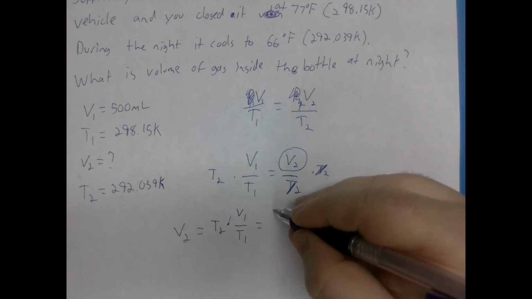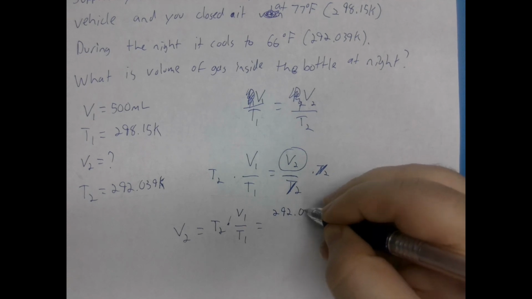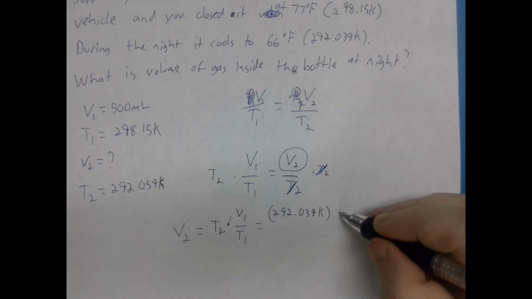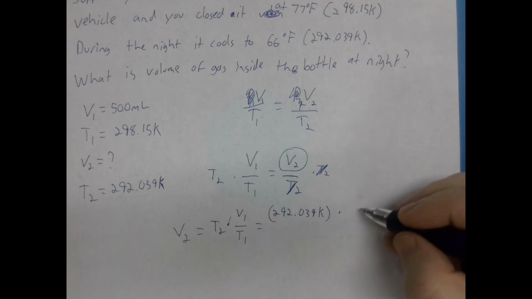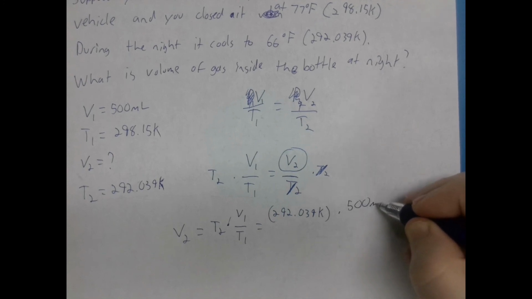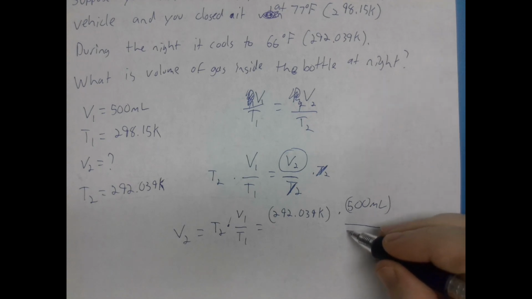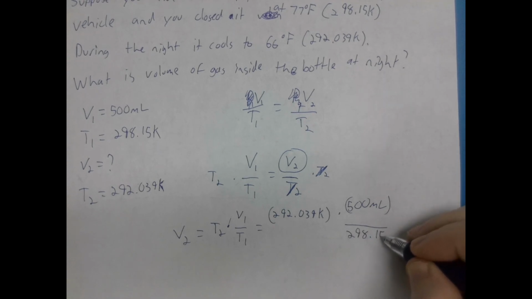Plugging that in, 292.039 Kelvin times a volume of 500 milliliters divided by a temperature of 298.15 Kelvin.